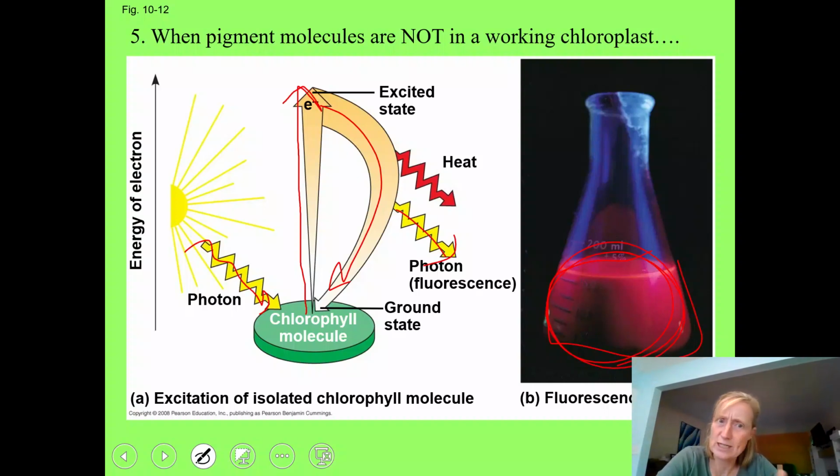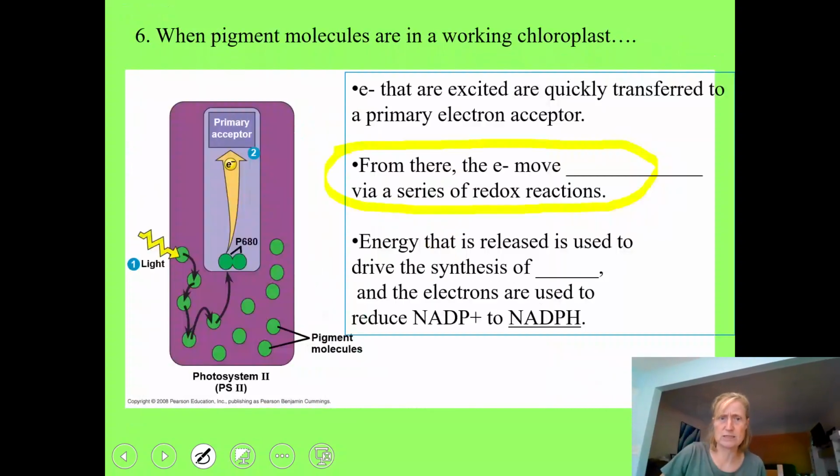We want to know what happens to those excited electrons in a working chloroplast. How are the light reactions used to grab light energy and make chemical energy? Somehow it has to do with these high energy electrons. Okay, so this purple blob is a picture of a photosystem.